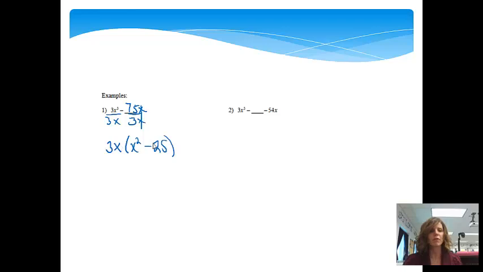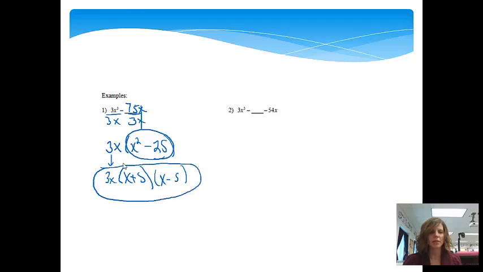Okay, so we've factored using the GCF. Now notice what happened. We have just opened up a new factoring problem because x squared minus 25, you can square root the 25. So the way that this is going to factor is x plus 5, x minus 5, and then that 3x just tags along into our answer. So we basically have a factoring problem within a factoring problem.